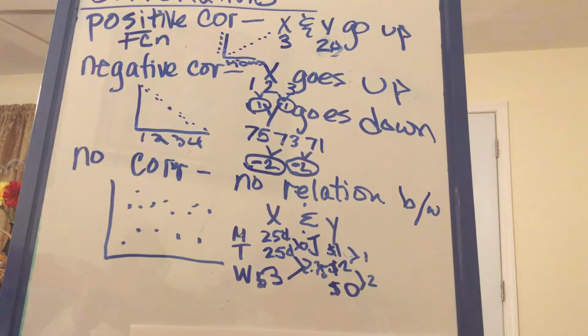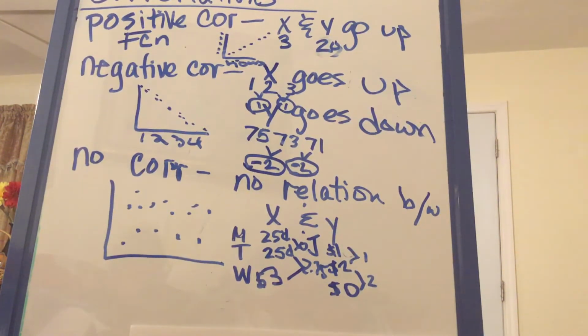When something goes up the same amount every time, that is a function. As X goes up, Y goes up. That is a function. You might think of it like rise over run, if you remember that. So these are correlations, if you've gotten to that point yet.